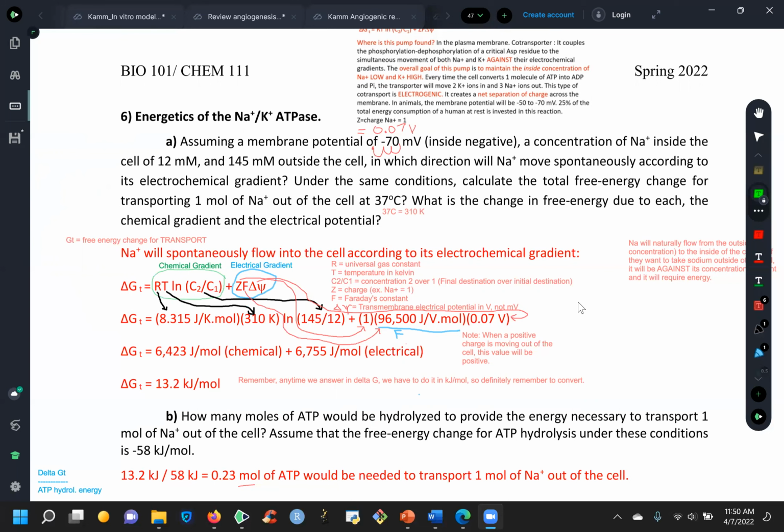There are two ideas associated with transport. There's a chemical gradient.